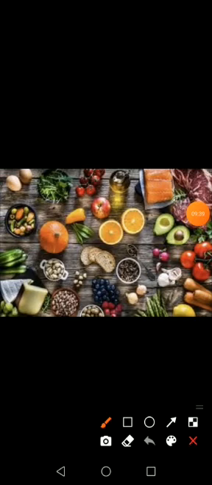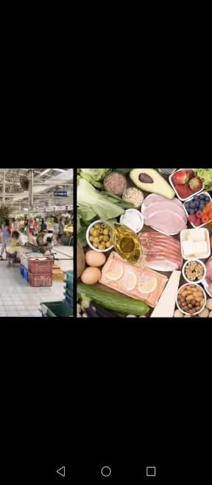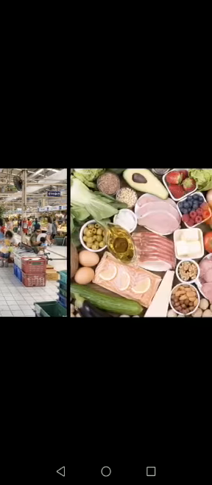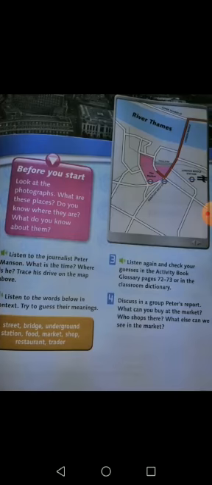Here we have, for example, fruits, orange, and here we have, I think, meat, and tomato, carrot, and I think this is cheese. So all of those are food, okay? This is also food. Can you see? This is a food market, okay? So the next word is market.